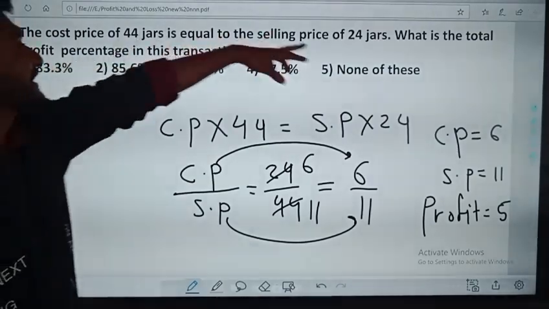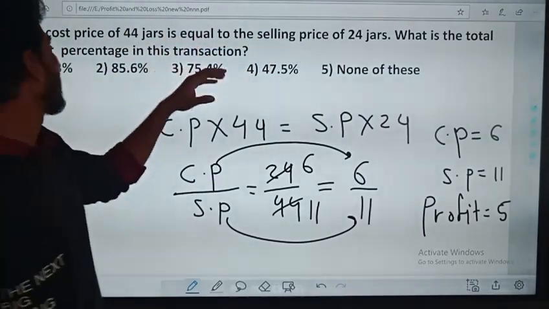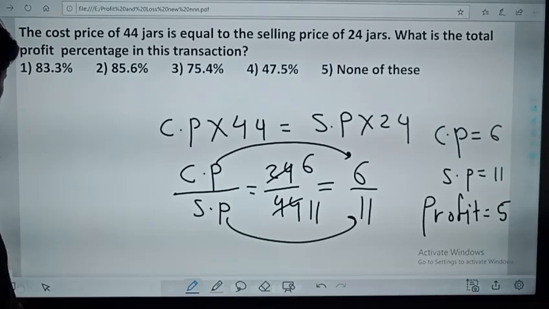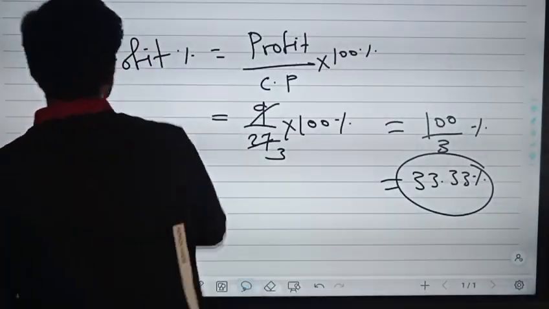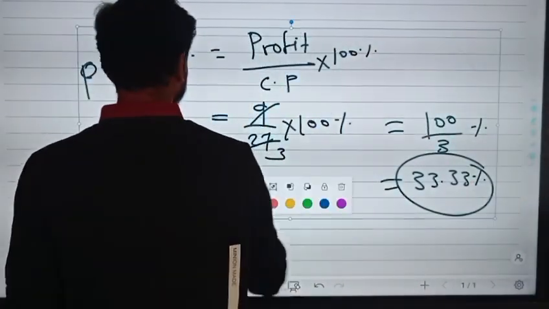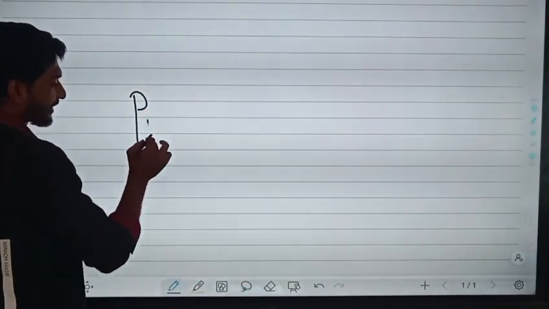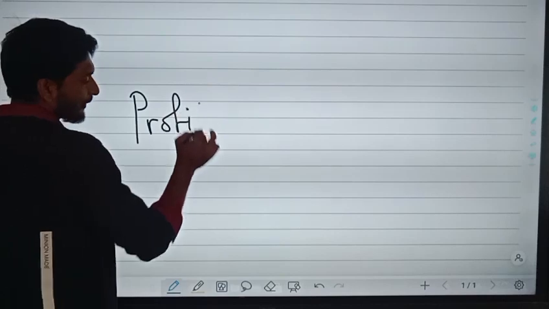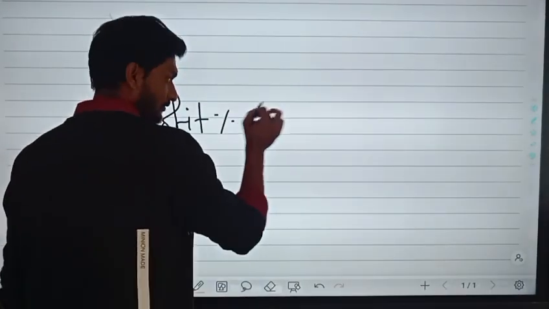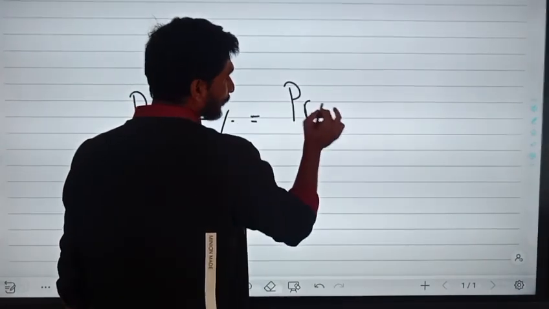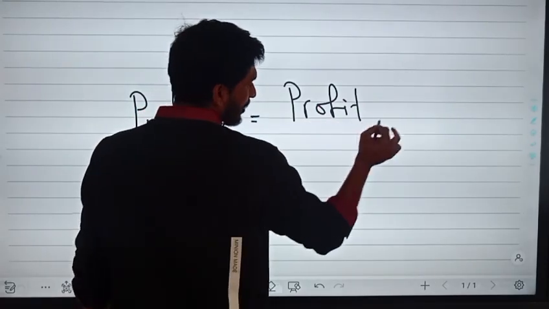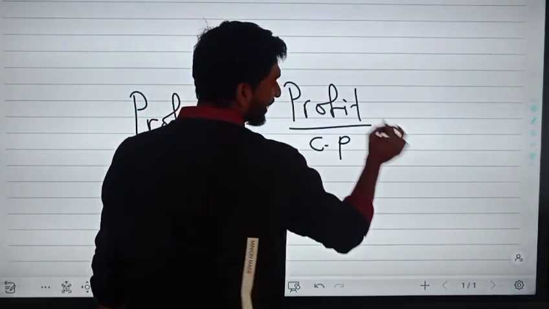Now here we find the total profit percent in this transaction. We know the formula of profit percent. Profit percent is equal to profit upon cost price into 100%.